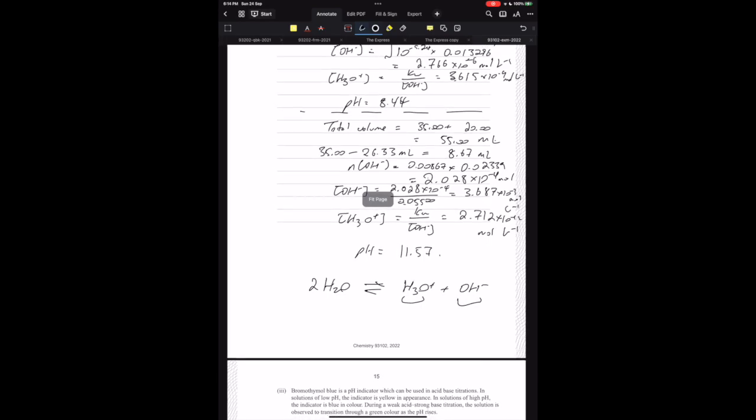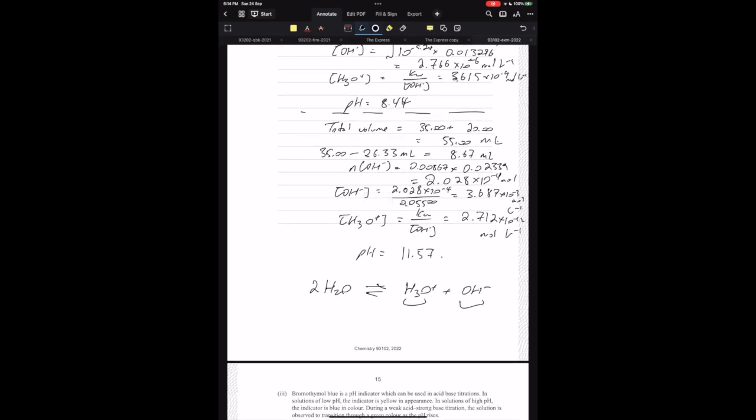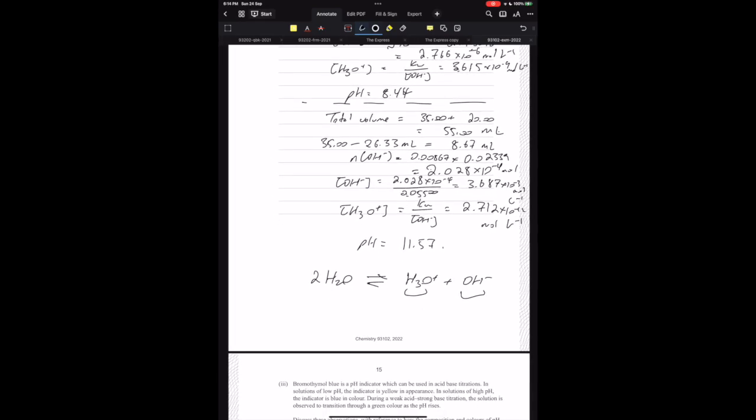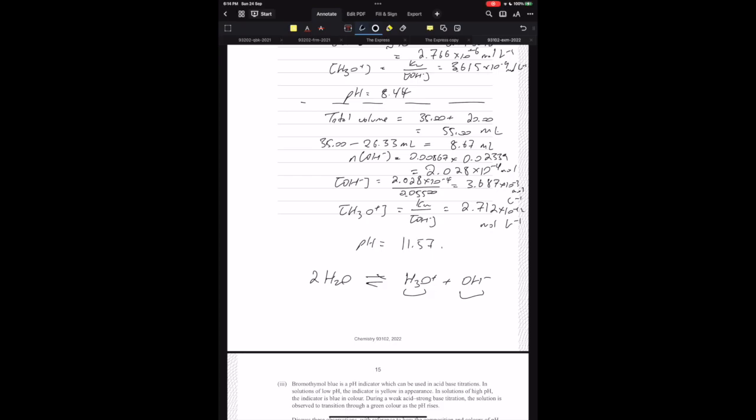So this can mess up our calculations, and we didn't account for this. However, the equilibrium constant for this equilibrium is 10 to the negative 14, and so the extent of the dissociation is actually very low. And so we can assume it to be negligible.